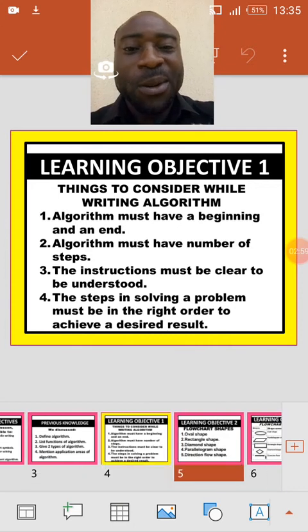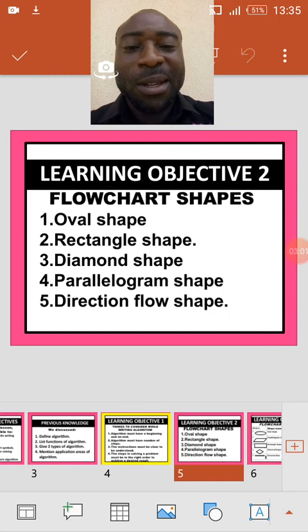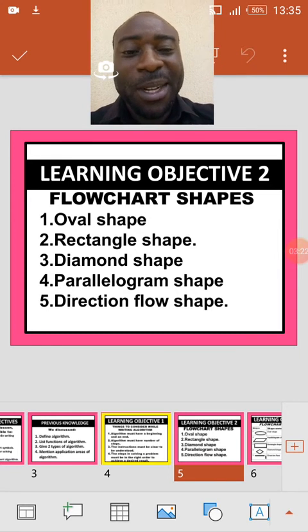Alright. So now let's look at the flowchart shapes, or what we call flowchart symbols. We have 5: 1, oval shape; 2, rectangle shape; 3, diamond shape; 4, parallelogram shape; and 5, direction flow shape. I believe you still remember all the shapes. They are the same as what you always use in mathematics.